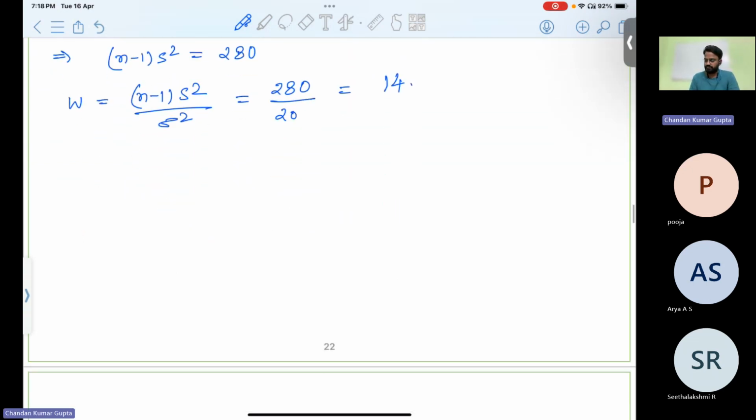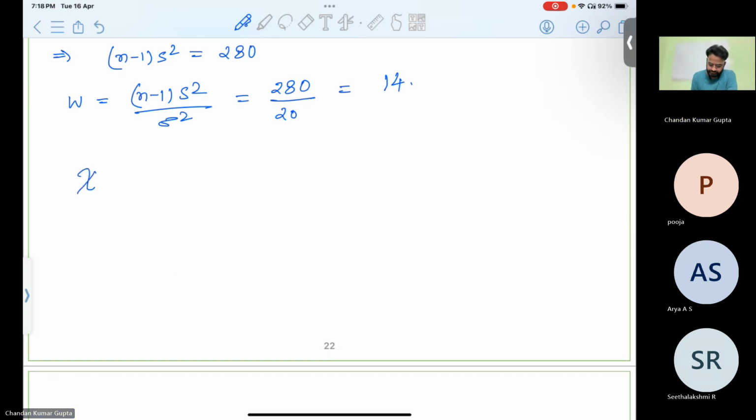Now the tabulated value is chi square, where the degree of freedom is n minus 1, which is 9, and alpha is 0.05. At this, the chi square value is 19.023.